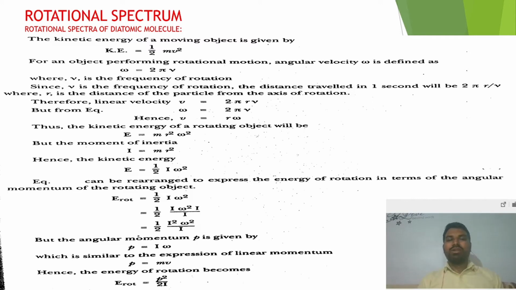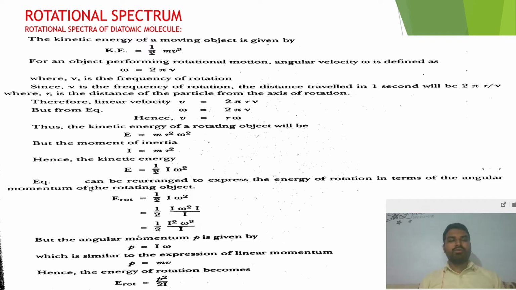Therefore, linear velocity v will be 2 pi r nu. But from the equation above, omega is equals to 2 pi nu, hence v is equals to r omega. Thus the kinetic energy of the rotating object will be E is equals to half m r square omega square. But the moment of inertia I is m r square, hence the kinetic energy E is equals to half I omega square.